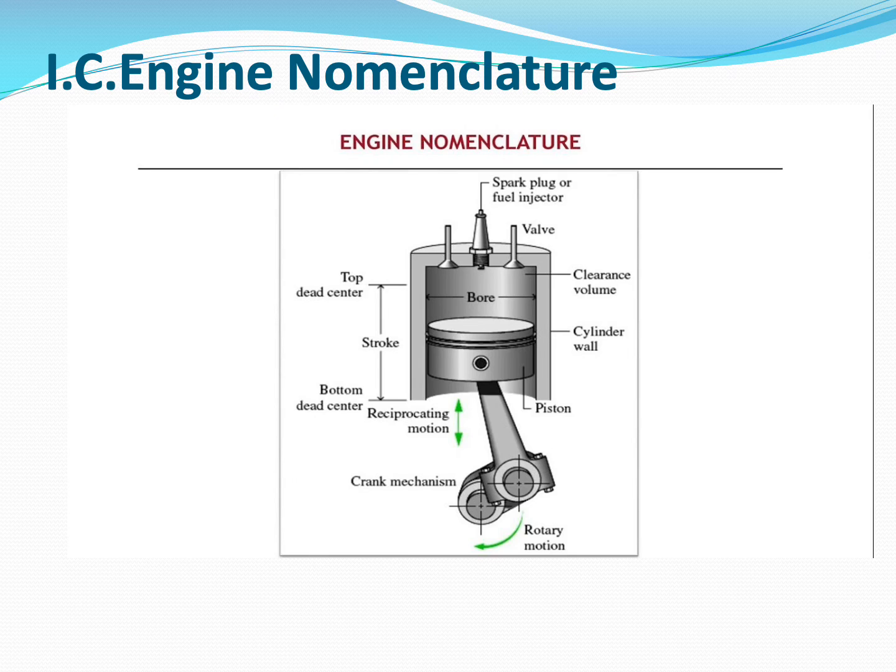At the top of the cylinder you can see the spark plug or fuel injector. That means this cylinder is of a petrol engine. Here you can see a top dead center and bottom dead center where the piston travels during its working cycle.